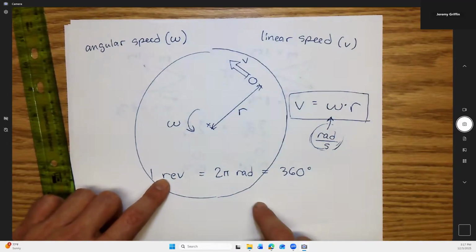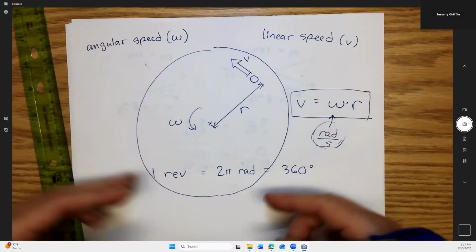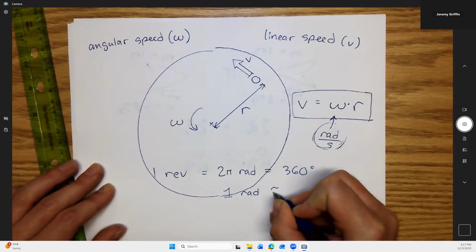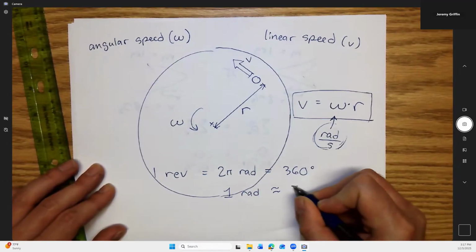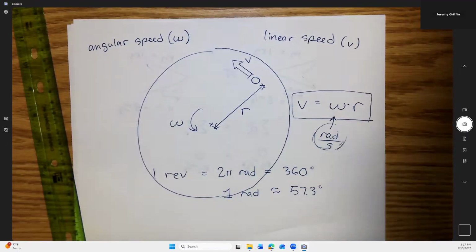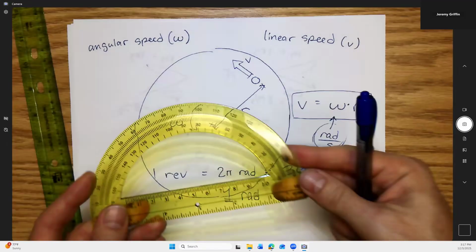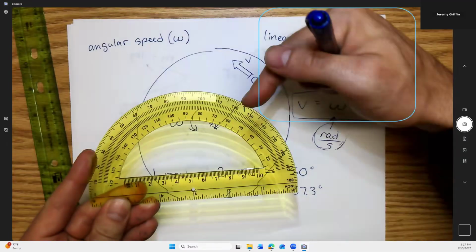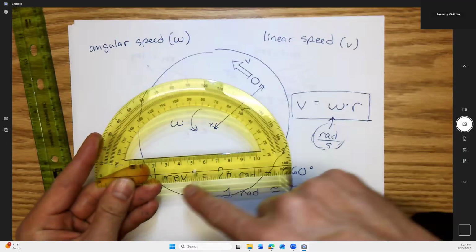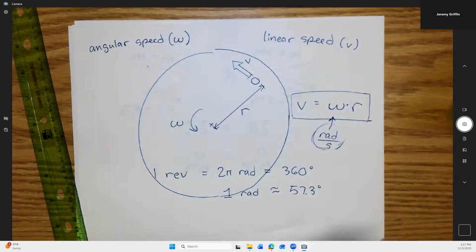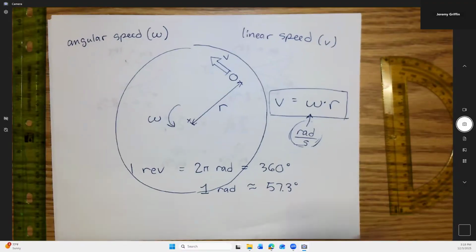Or if you divide everything by 2 pi, 1 radian is approximately what? 57.3 degrees. Which you can link back to a protractor, because protractors are marked in degrees. So if you sweep out 57 degrees, right about here, this wedge right here, it's about 1 radian. So it's a little extra context right there.